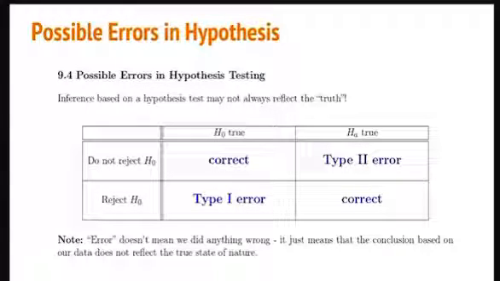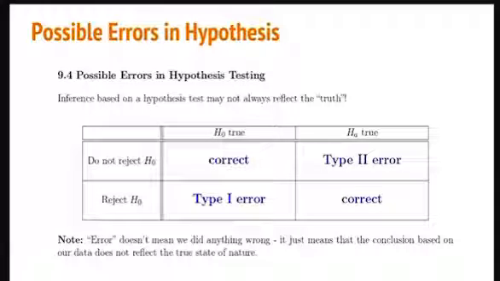The power of a test, we're talking about the ability to take correct decision. What is the ability to take correct decision? Rejecting the null hypothesis when it is false, accepting the null hypothesis when it is true. That is the correct decision, which we call the power of a test. When H0 is true and you do not reject it, that's a correct decision.